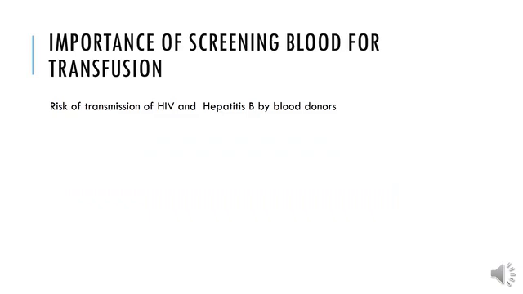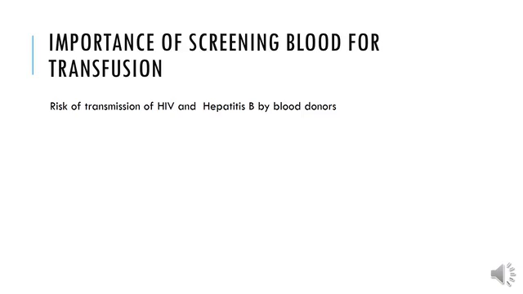Previously, we had looked at the importance of determining blood groups as well as rhesus factor. So now a question arises. Apart from determining blood groups and rhesus factor, which we have seen is important in cases like blood transfusion, in the same process of blood transfusion, we see that it is also important to screen the blood.